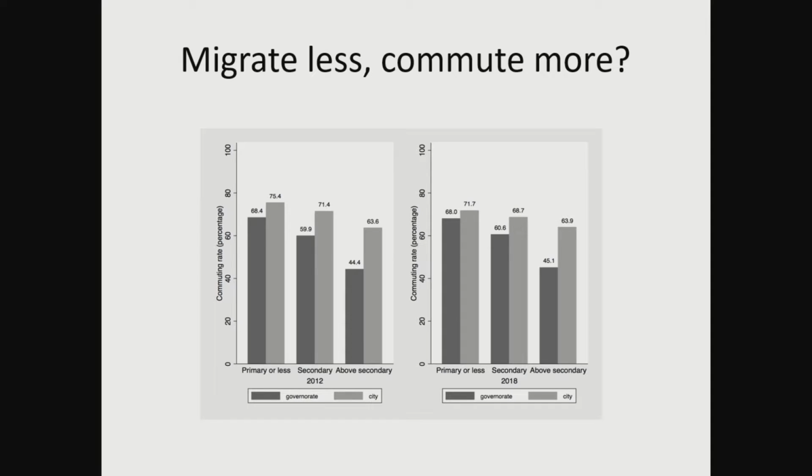And as you can see, when we compare 2012 and 2018, we do not actually find a significant difference in commuting rates. Of course, as one might expect, we have slightly lower rates of commuting for higher education levels, but they're almost all around 60–70%.